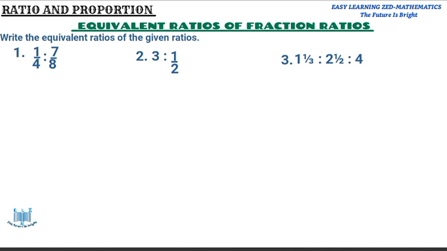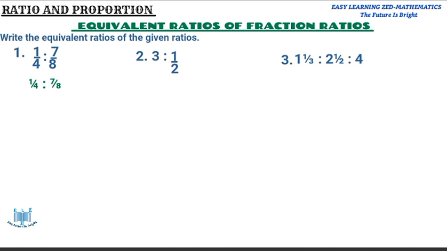So what we're going to do is rewrite this ratio. After we have done that, the next thing we're going to do is find the lowest common denominator of the denominators, 4 and 8. As you can see, 4 and 8 are the denominators of these two fractions.